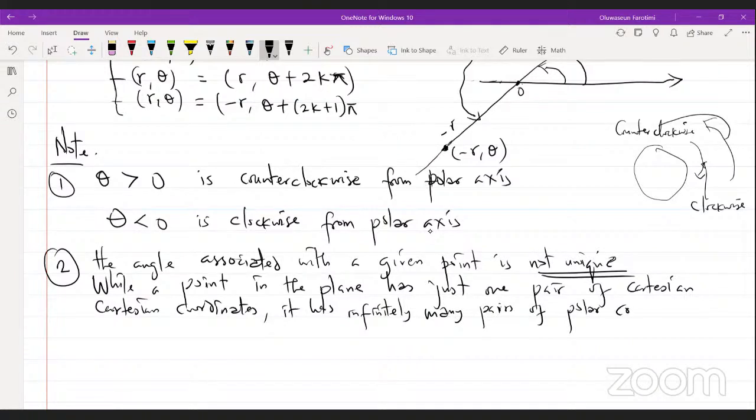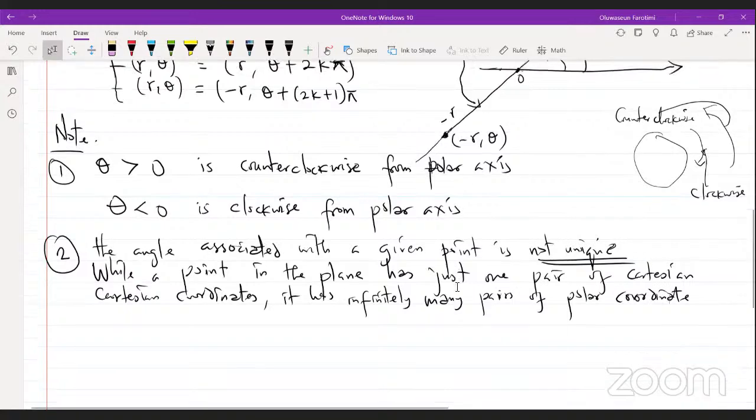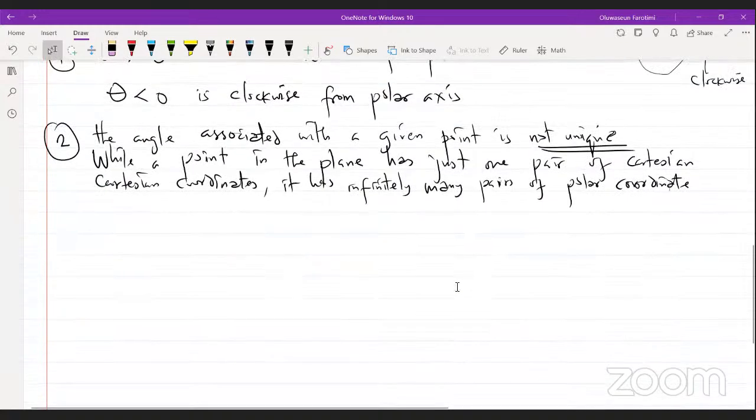So this is just a little bit of learning the theories, as I said. Now, let's go to an example.